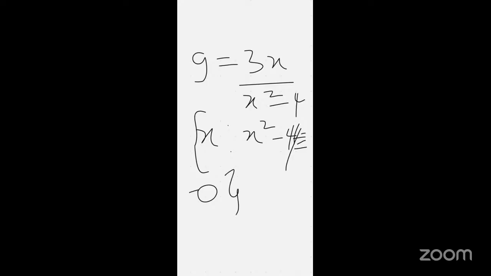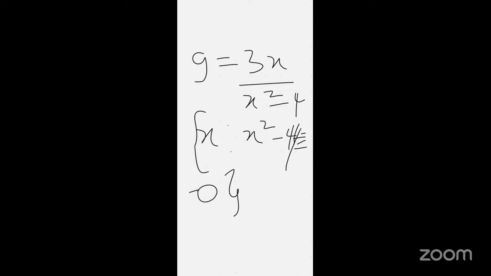If x squared minus 4 is equal to 0, supposing you put your x to be 2, then the function becomes undefined. So any number that you put in the denominator that is not equal to 0 will give us a defined answer. Therefore, the domain of that function is x such that x squared minus 4 is not equal to 0.